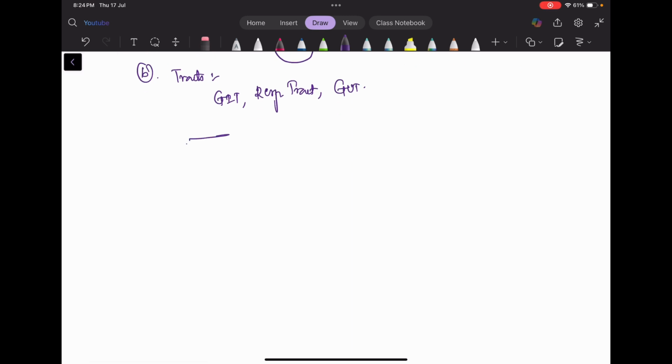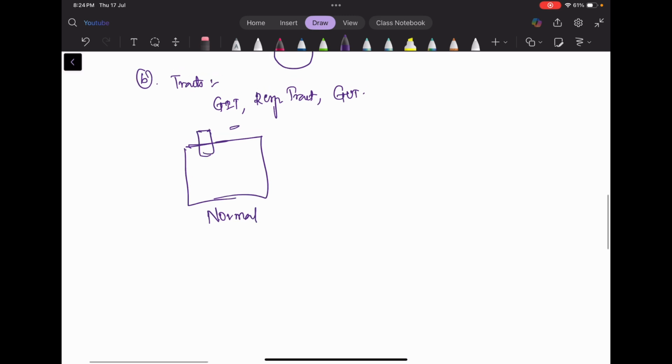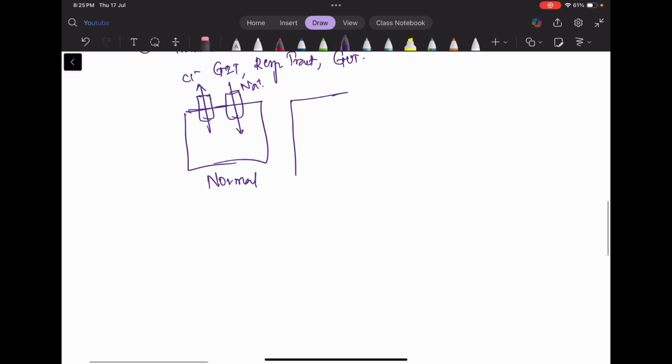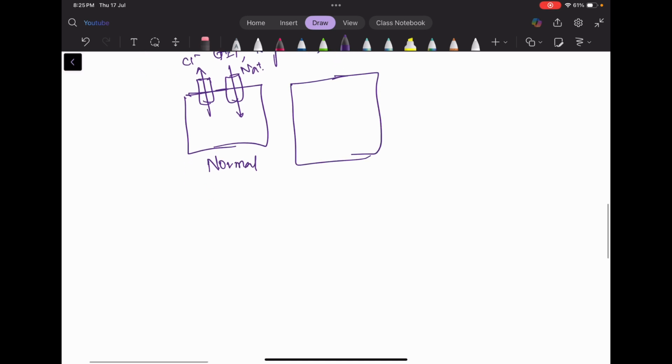So usually what happens, take this as a normal cell. We have a chloride channel, then we have a sodium channel. Usually chloride goes out, then sodium comes in, right? But what happens in cystic fibrosis, listen carefully.